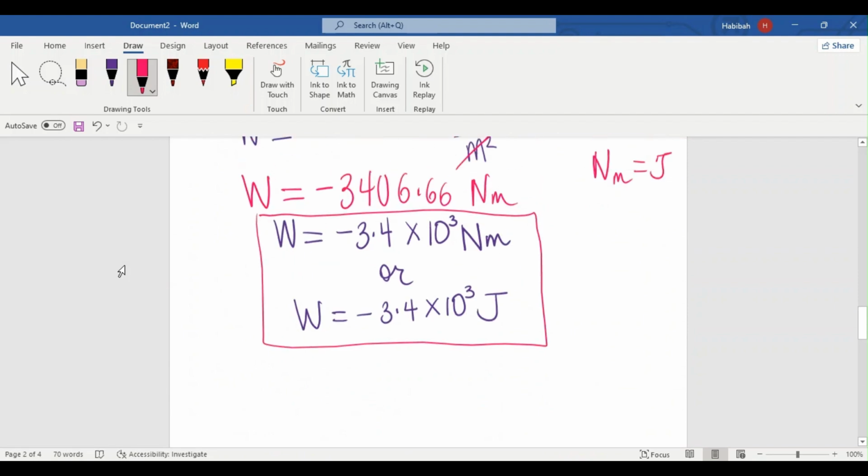So this negative is showing us that there was energy lost by the system because it did the expansion process, and the value of the energy loss is 3.4 times 10 to the power 3. That's why we have to denote it with negative to show energy loss. If it's energy gain, it's going to be positive. But in this case, the work is done by the system in the expansion process. Hence, we have energy loss, which is why we have a negative value.